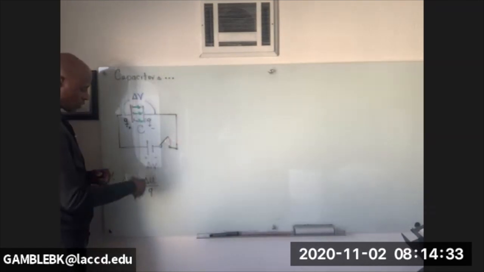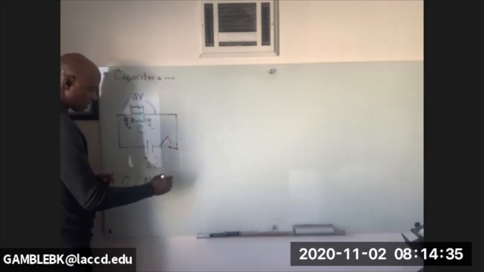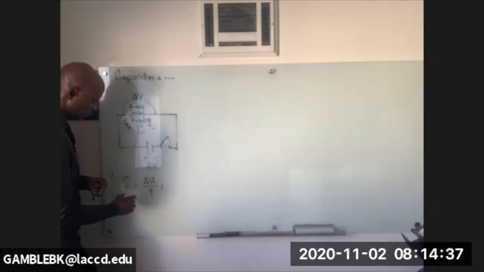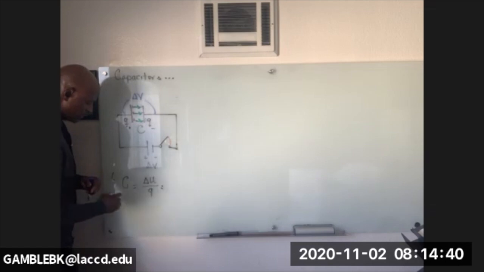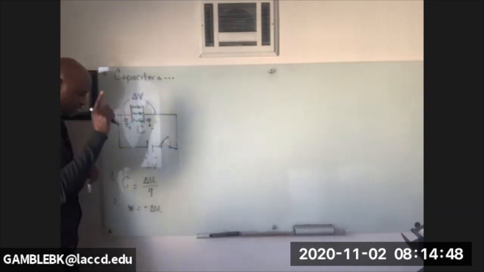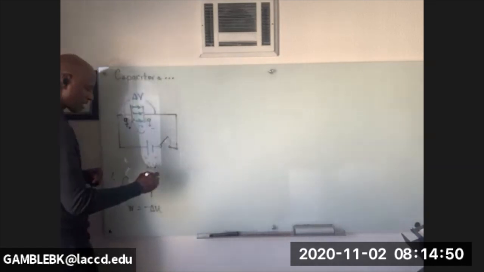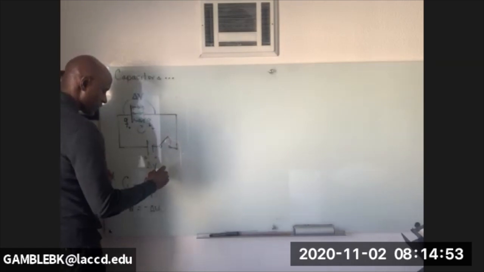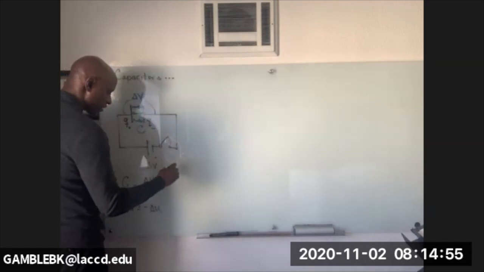But if I want to get the total work done, right? Total work, and also remember that by the general definition of potential energy, work is equal to the negative of the change in potential energy. So let's keep these concepts in mind. Remember, we're teaching concepts, not equations. So this is the definition of capacitance.